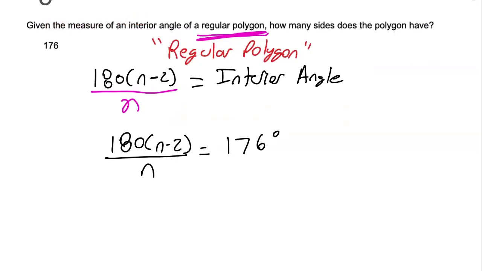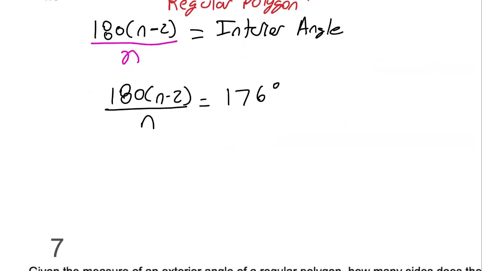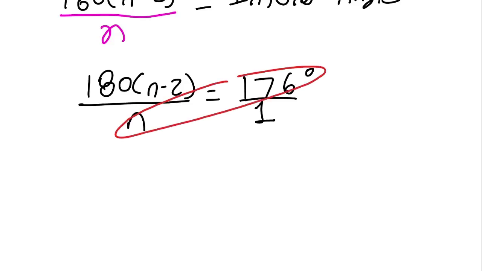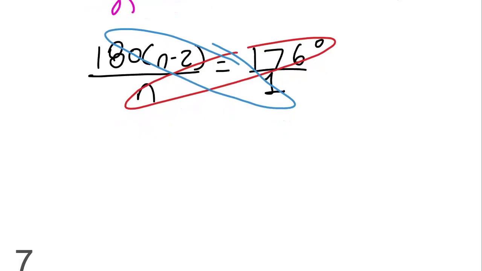And honestly, we're just going to do cross multiplication and solve for n. So cross multiply. When we cross multiply by 1, it's literally just 180 times n minus 2. But for the 176, it's 176 times n. The left side doesn't change because you're literally just multiplying it by 1.